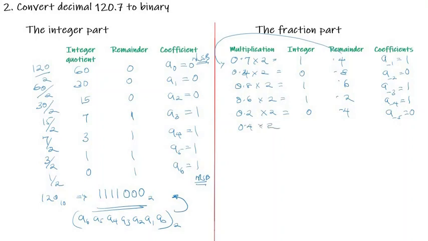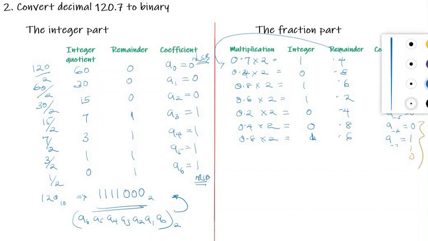0.4 multiplied by 2 will be 0.8, and it means a-6 is equivalent to 0. 0.8 multiplied by 2 will be 1.6, and this is a-7 equals 1. And this will go on and on, because we will not get a definite answer. It keeps repeating the same sequence continuously. That is, after a number of bits, we repeat the same sequence.